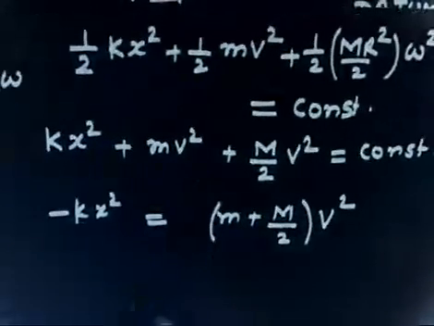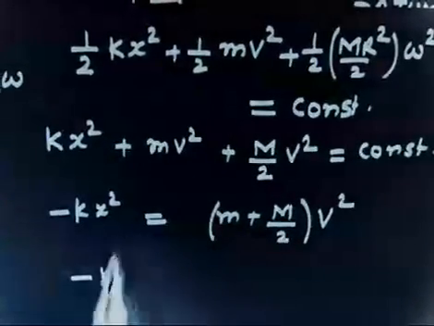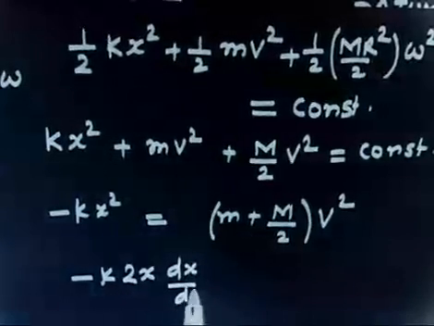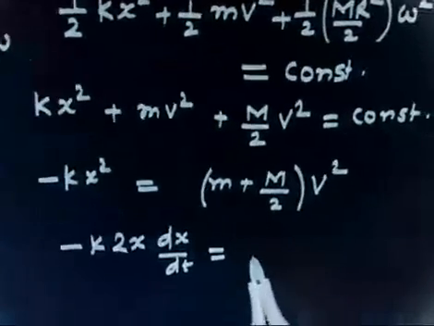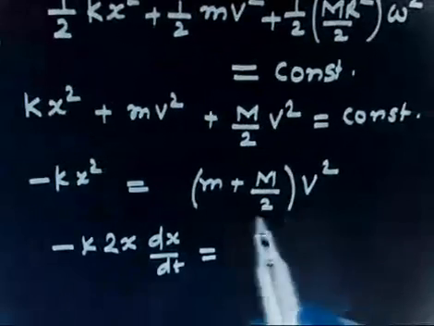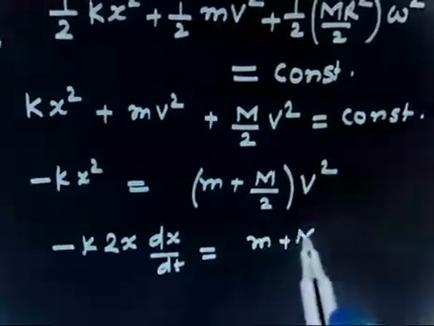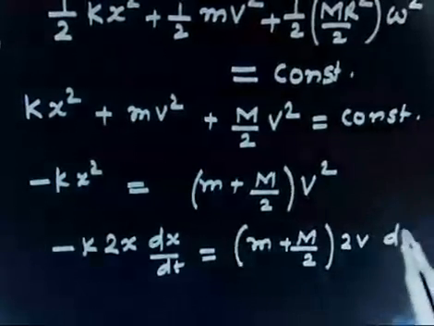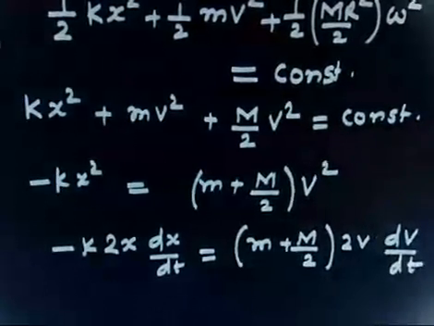Now if I differentiate this equation, minus x square gives 2x, dx by dt is v, is equal to m plus m by 2, v square gives 2v, and the differentiation of v is dv by dt.